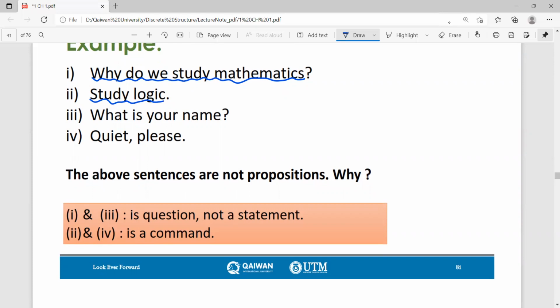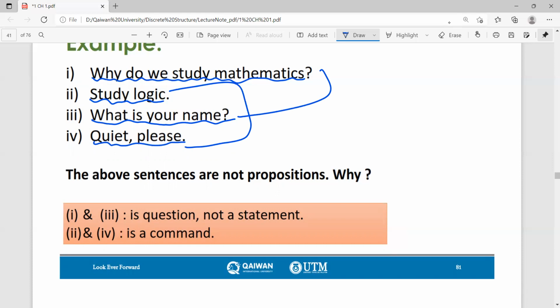It is not a proposition also, it's a command actually. What's your name? It's a question also. It's not a statement, or it's not a proposition. Here, quiet please. That's also asking for someone to do something. These two are commands, and these two are questions. That's why these are not propositions.